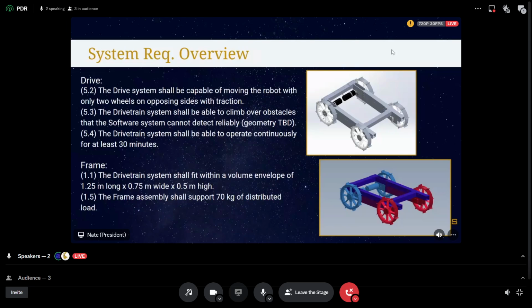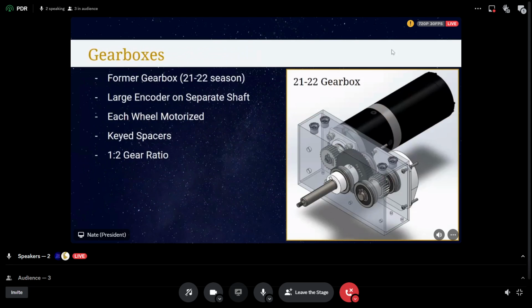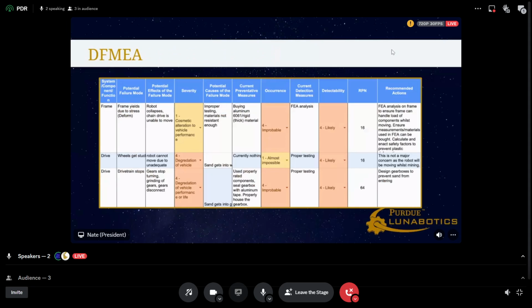Brian, can you go to the DFMEA slide? On the first one, the potential effect of the robot collapsing is that the chain drive is not able to move. Why is that a cosmetic alteration if the robot can't move? Yeah, that would likely be a 4 at least. I'm not sure.